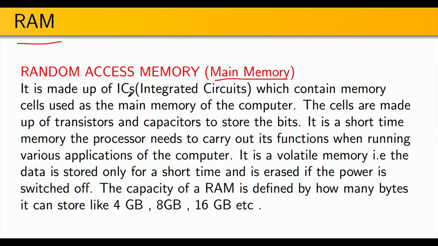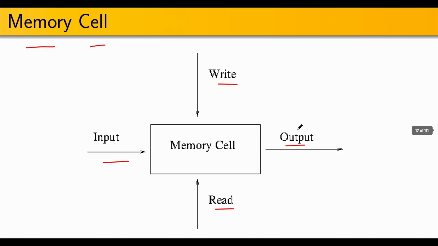It is made up of ICs, integrated circuits, which contain memory cells used as the main memory of the computer. The cells are made up of transistors and capacitors to store the bits. What I had initially told you, that a memory cell was a black box for us. For RAM, this memory cell is typically made up of a transistor and a capacitor.